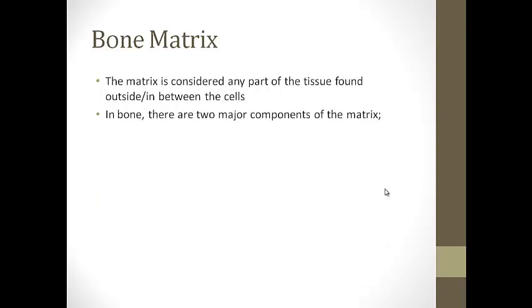And in the bone, there are two major components that make up the matrix. These are what we call organic, and this consists of collagen and elastic tissue. This provides the strength and flexibility of bone.